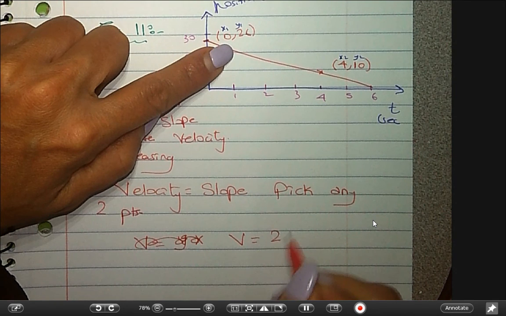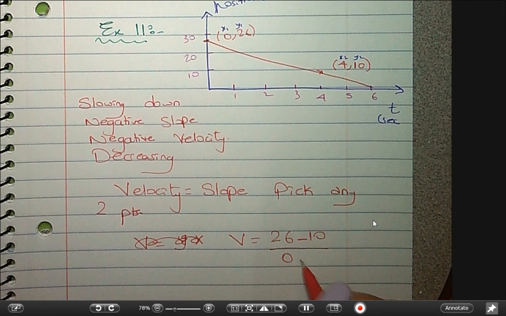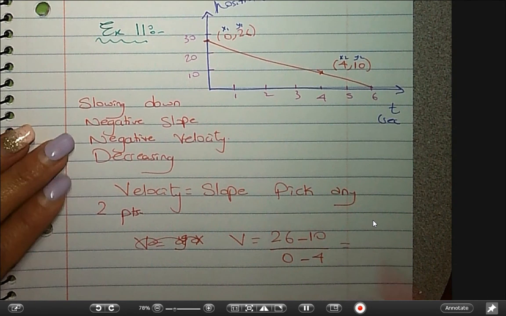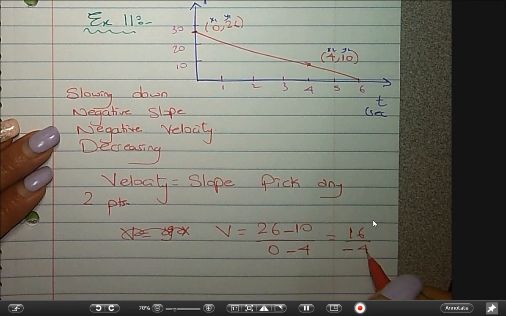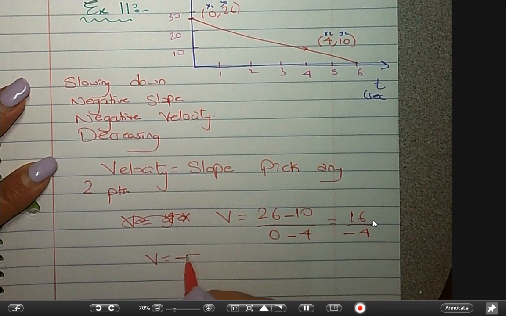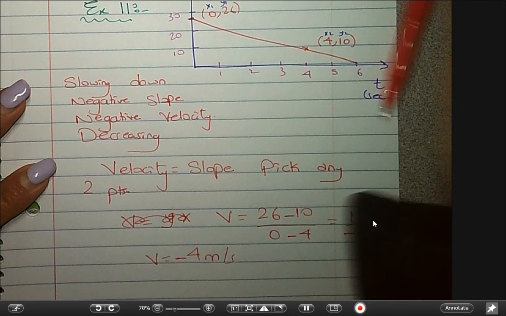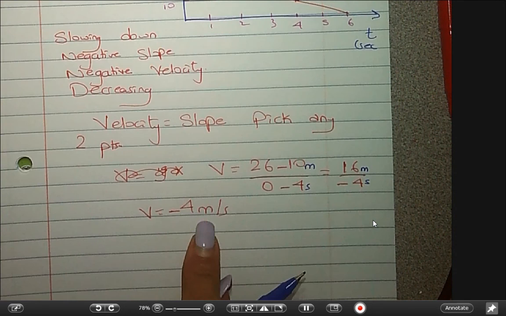So you can do 26 minus 10 over 0 minus 4, which is 16 over negative 4, that would give you negative 4 meters per second. Remember, this is meters over seconds, which should give you meters per second.